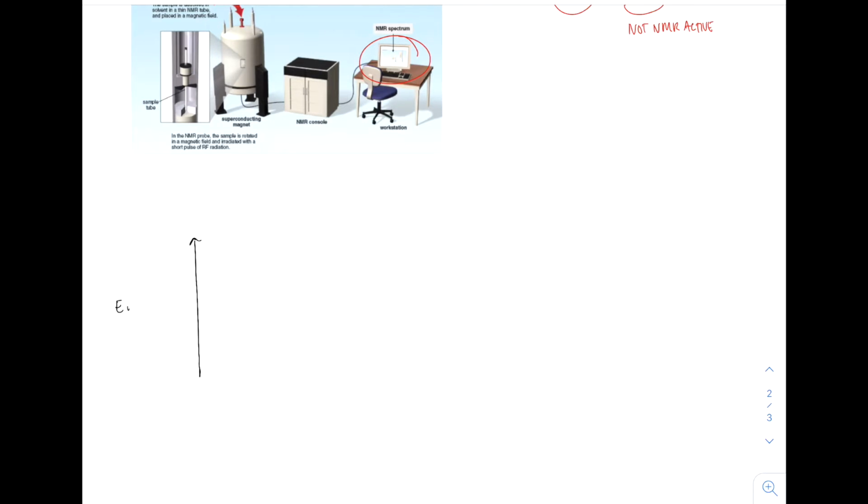Here we'll have energy, and then on the x-axis we'll have an increasing magnetic field. Now let's say we have two nuclei here.